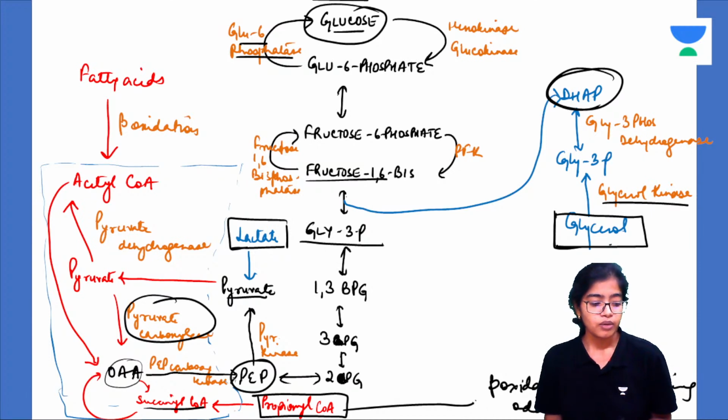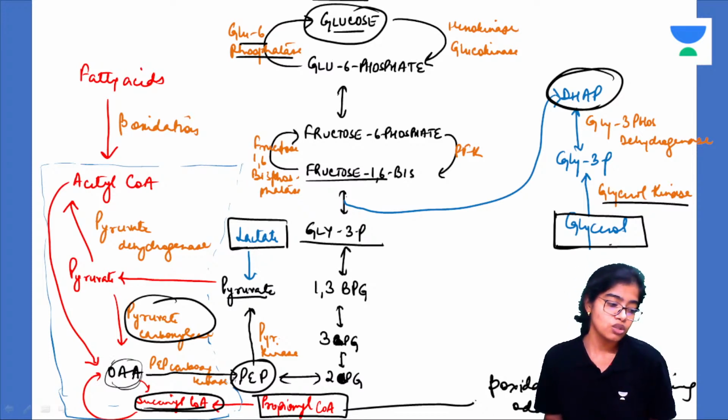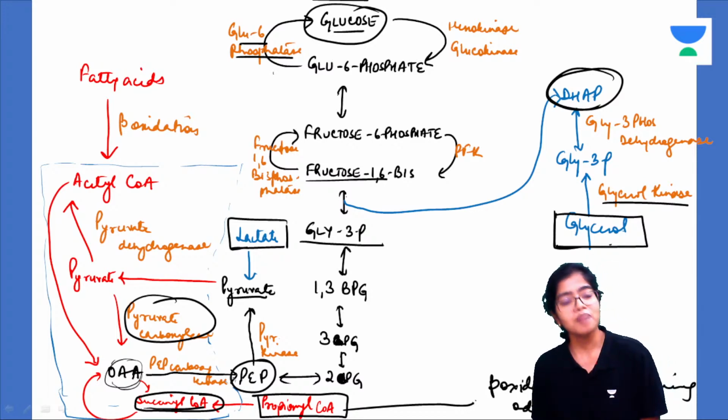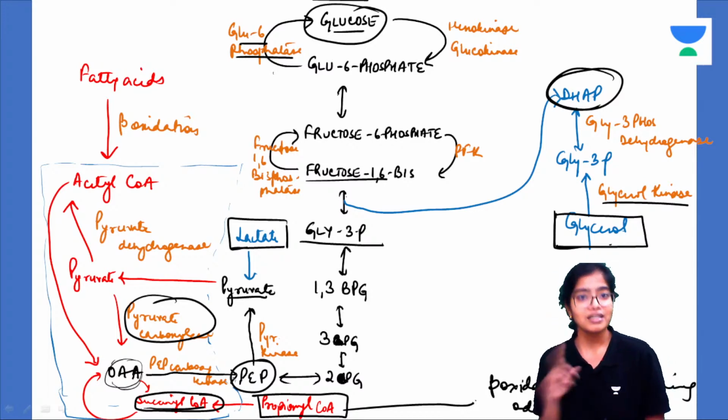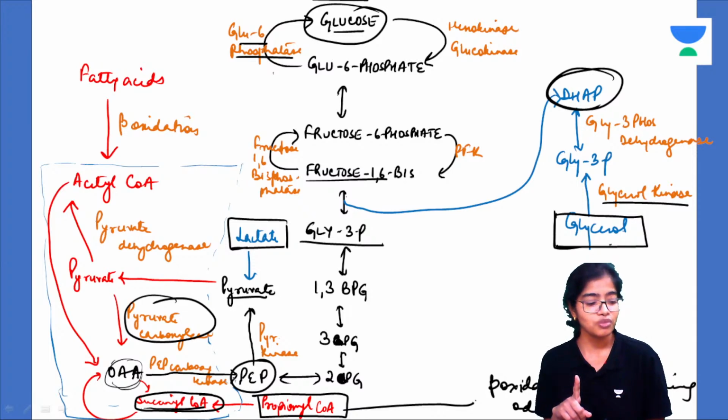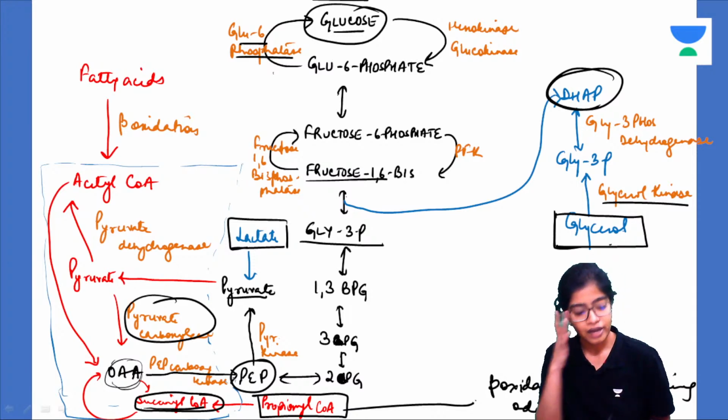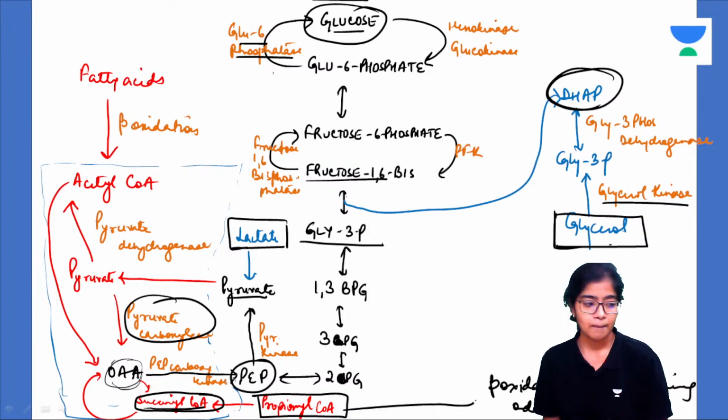This propionyl-CoA converts into succinyl-CoA, which is present in the Krebs cycle. Succinyl-CoA will form oxaloacetate. Oxaloacetate converts into phosphoenol pyruvate through phosphoenol pyruvate carboxykinase. Again, it will undergo the same process. Understood or not? Understood, all of you? So this is how propionyl-CoA converts into glucose.